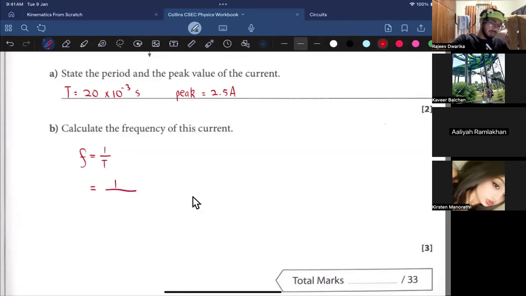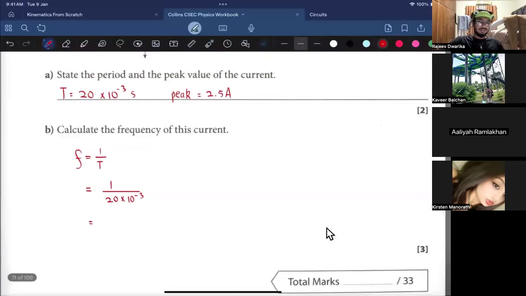And whenever you use a formula, the units need to be in SI units. So we already converted the 20 milliseconds into seconds, so that's 20 by 10 to the power minus 3. So what would that be equal to? Yeah, what is 1/20 by 10 to the power minus 3?